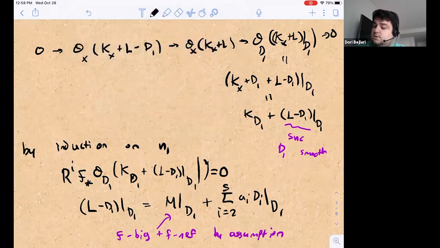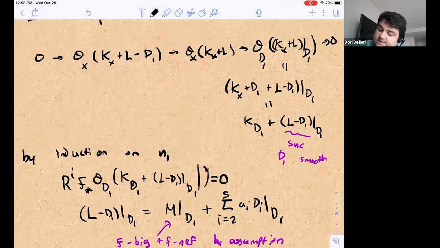And now we have to deal with this other case, but here we have one less divisor.